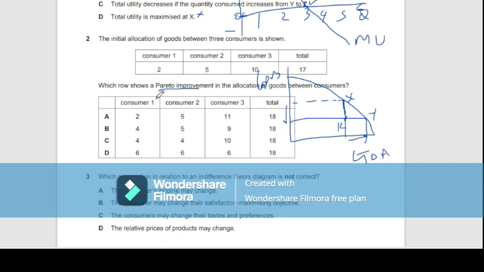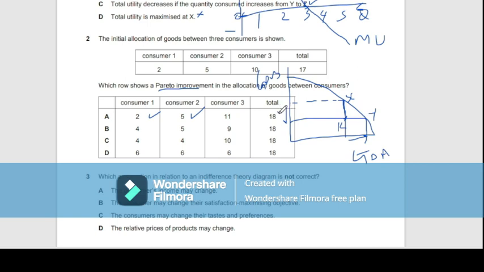So, in that case, let's look at choice A. Consumer one, still 2 units. Consumer two, five as initially. Consumer three, now we are making this consumer better off through one extra unit, so getting 11, but then we are not making consumer 1 and 2 worse off.